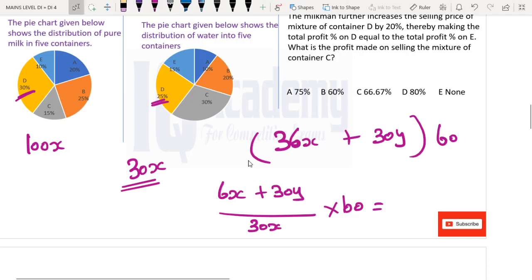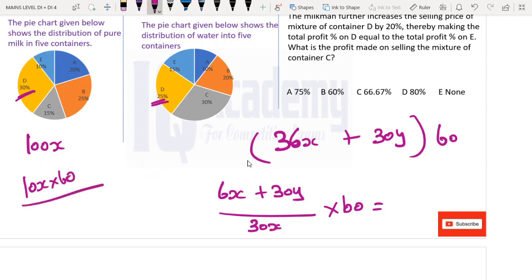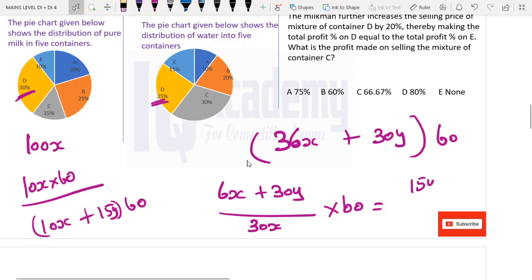What is the profit percentage of E? The cost price of E is 10x into 60 and the selling price of E is (10x plus 15y) into 60. So the profit percentage will be 15y by 10x into 100. If you solve this, we'll get the relationship between x and y.